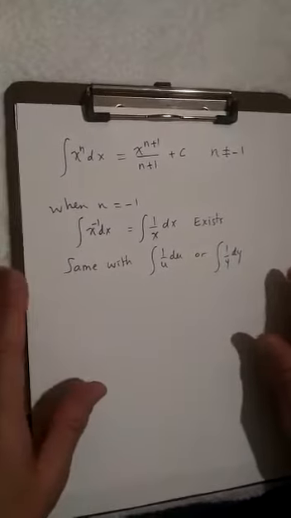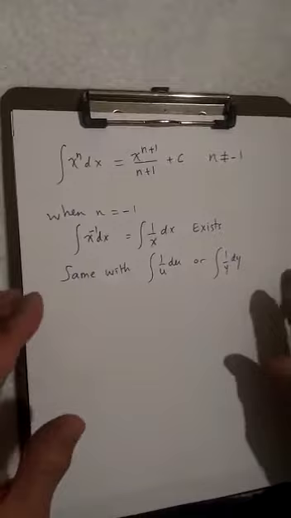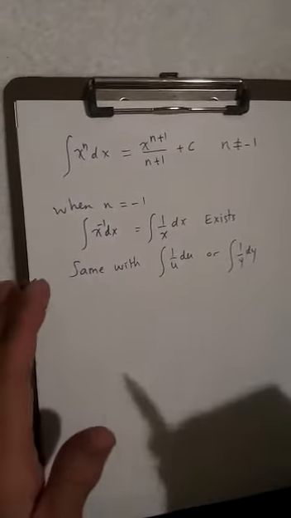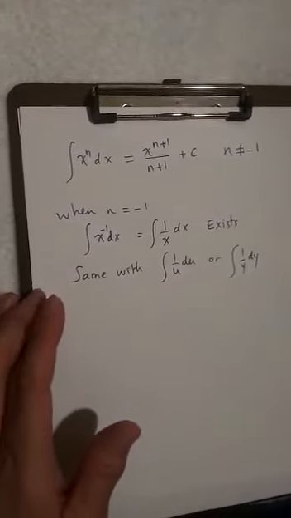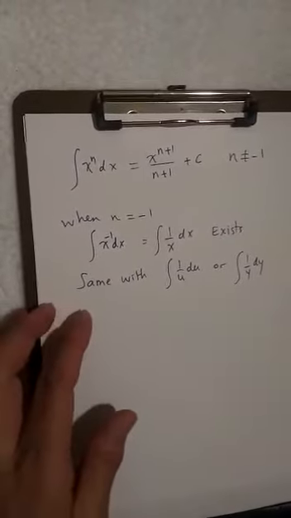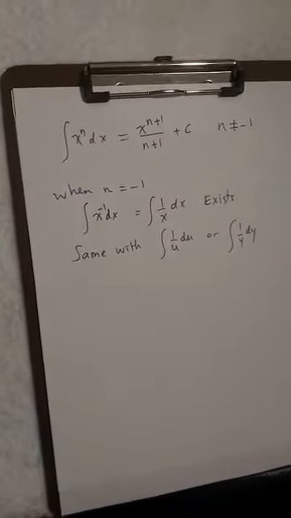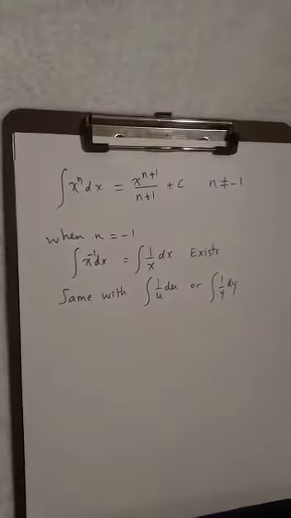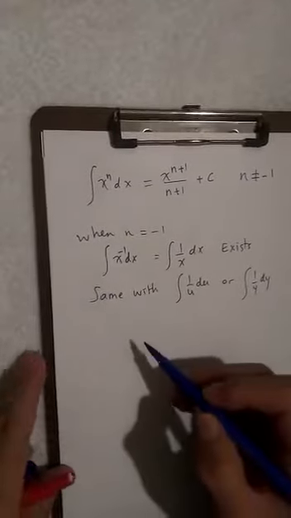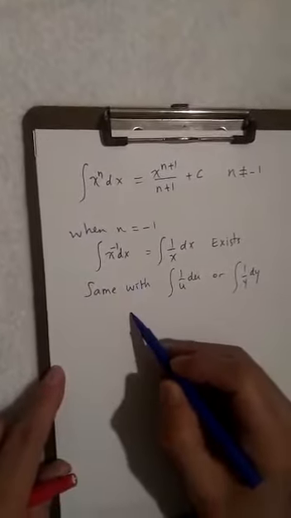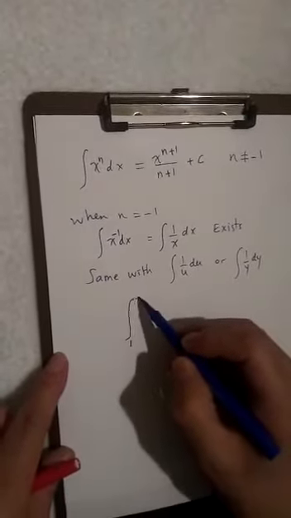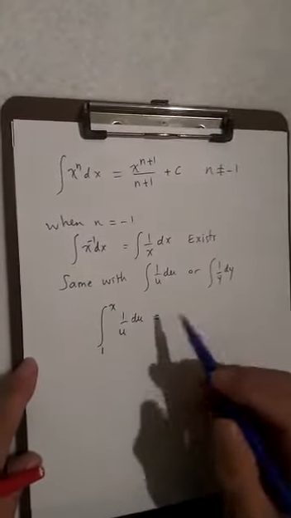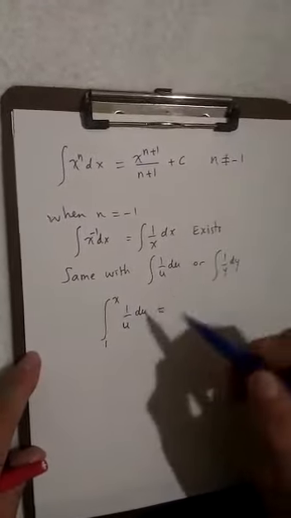A new function was invented, many centuries ago, to do just that. The function was invented to allow us to find this integral without using this formula. So the function is like this: the integral between 1 and x of 1 over u du. We can't use this formula to do it, but we know it exists.